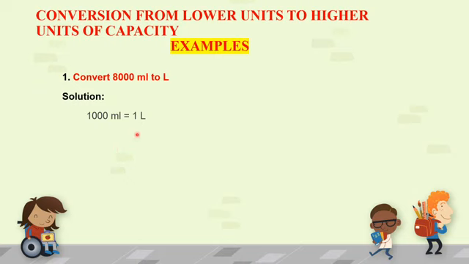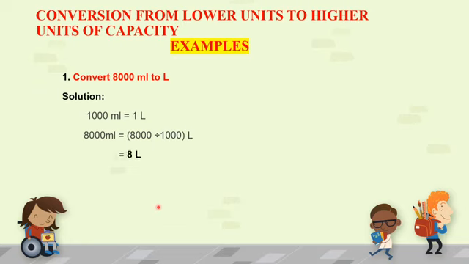So 1 milliliter equals 1 by 1000 liter. So we will divide 8000 by 1000 and write liter over here. So 8000 divided by 1000 equals 8 liter.